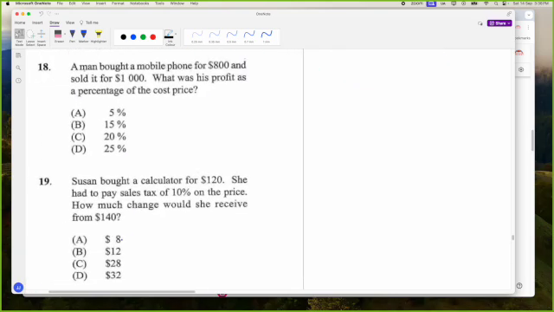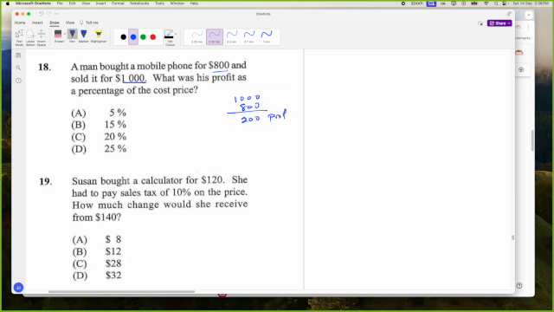A man bought a mobile phone for $800 and sold it for $1,000. What was his profit as a percentage? So he bought it for $800. He sold it for $1,000. So therefore his profit is $200.